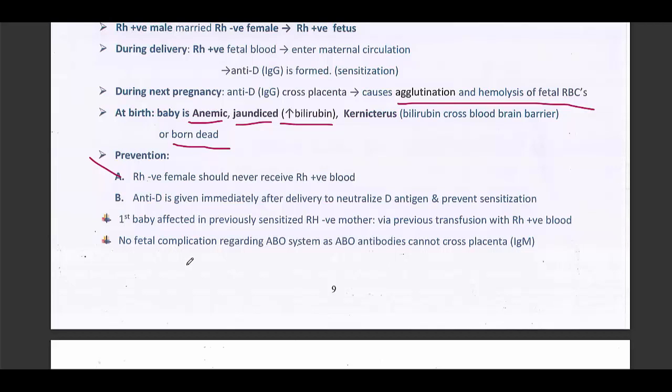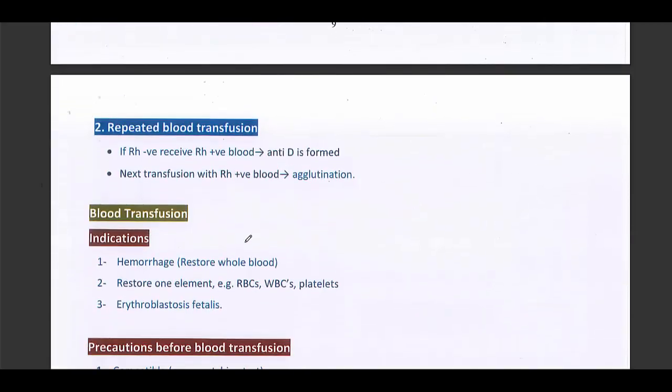So no fetal complication regarding the ABO system, as ABO antibodies cannot cross the placenta. This is important information. Secondly, repeated blood transfusion. If an Rh negative person receives Rh positive blood, anti-D is formed, as we discussed before. The next transfusion with Rh positive blood, because anti-D is formed, will make agglutination and hemolysis, as we said before.